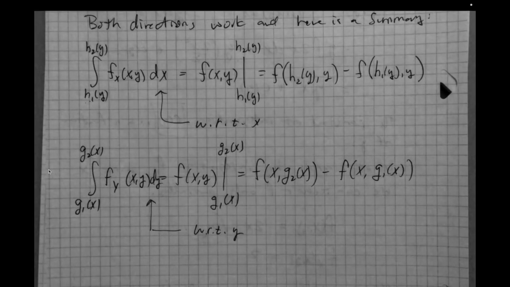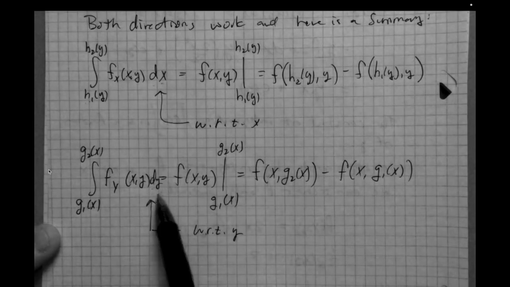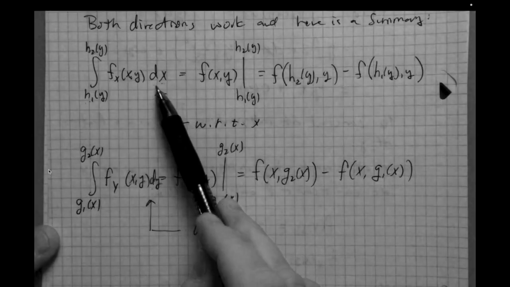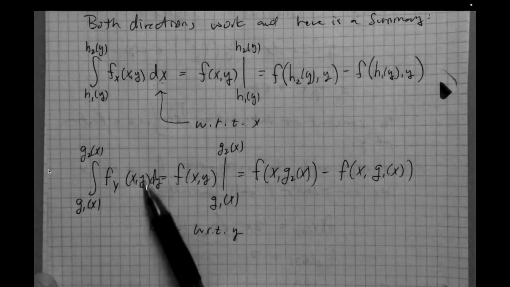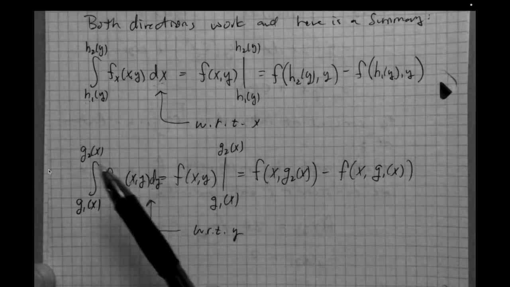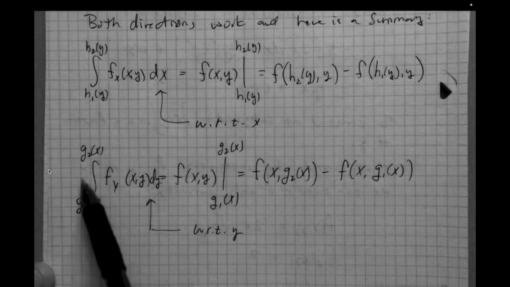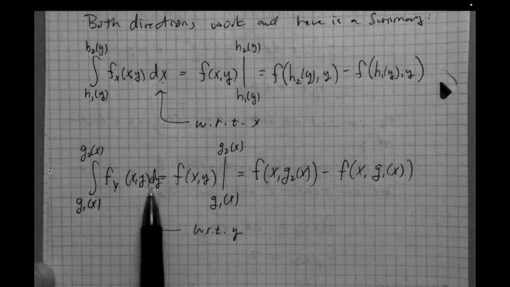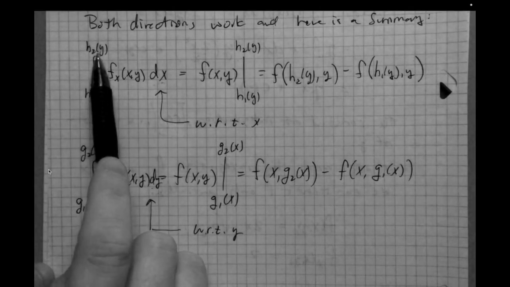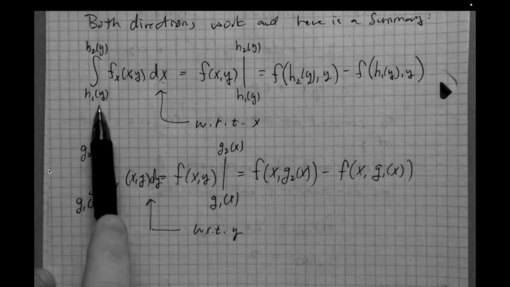Okay, and so it's important to note the variable of integration, namely the dx or the dy. If you're integrating with respect to x, then that's what we mean by the variable of integration. If you're integrating with respect to y, that's what we mean by the variable of integration. The variable of integration cannot appear in either limit, right? So if you're integrating with respect to x, it doesn't make sense to have a function of x up here or down here.